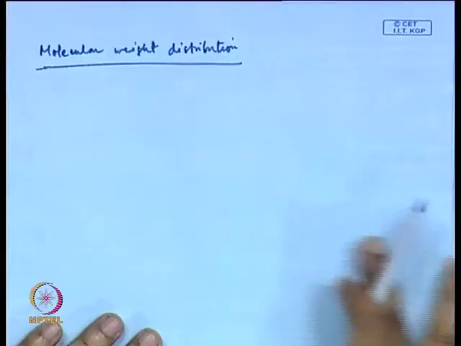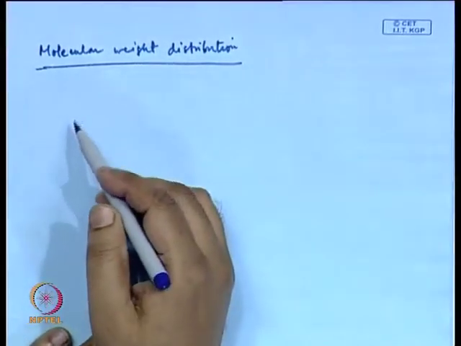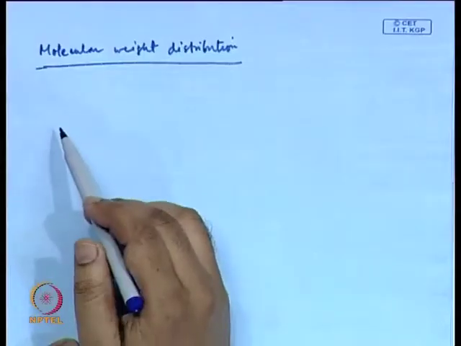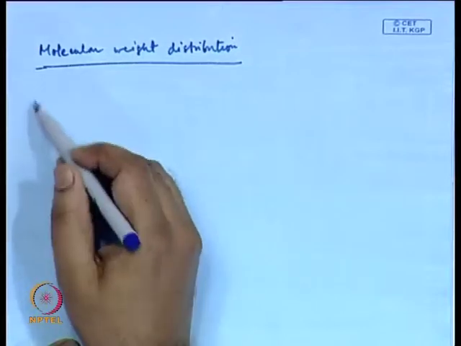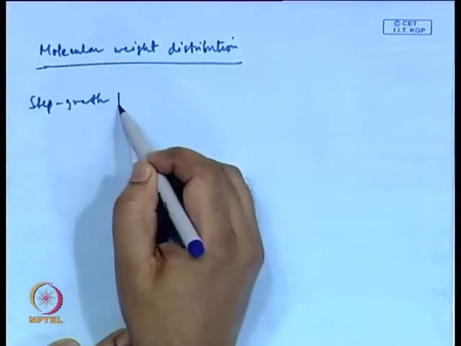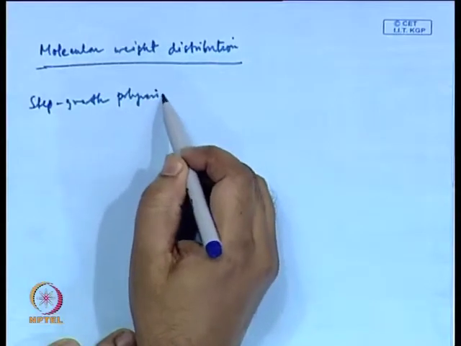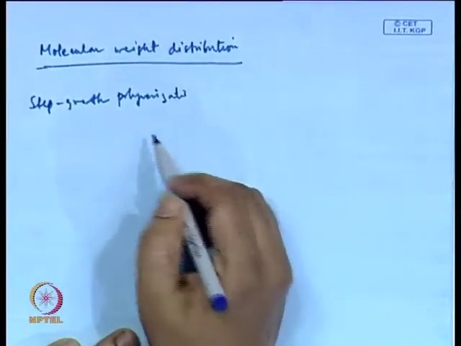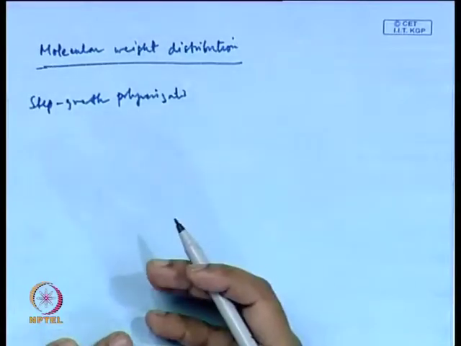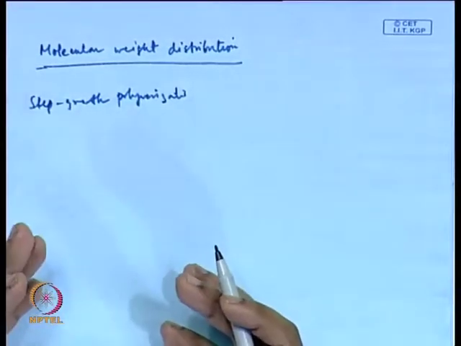One more fundamental difference between radical polymerization and step growth polymerization, which I spent some time on a couple of lectures back: in the case of step growth polymerization, the polymer is considered the entire mass.